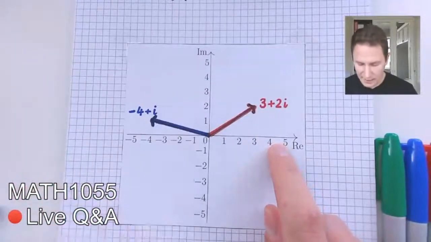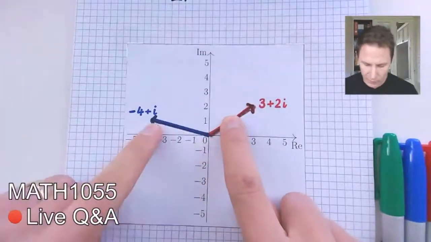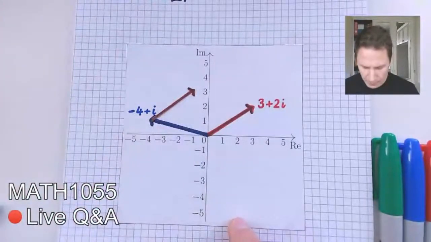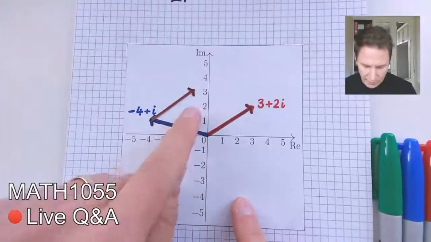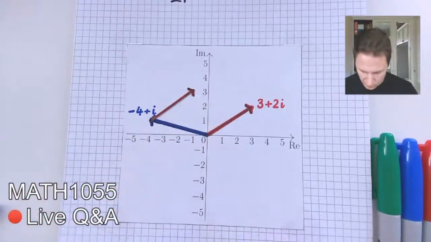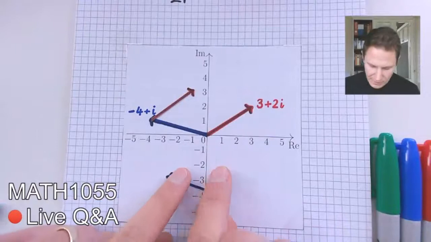And what you can do is you can basically slide one vector along another vector, and this way what you will end up with is this shape where the red vector, so this one, will point to the point that represents the sum of these two numbers.